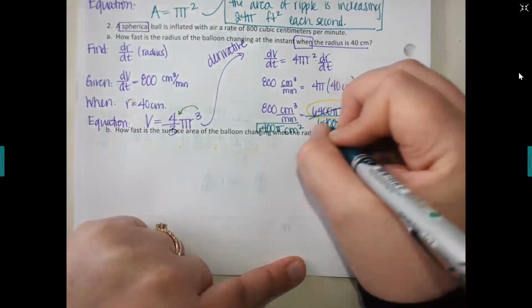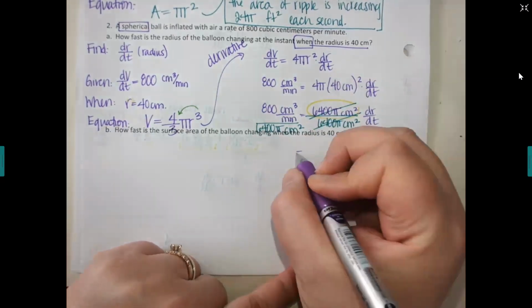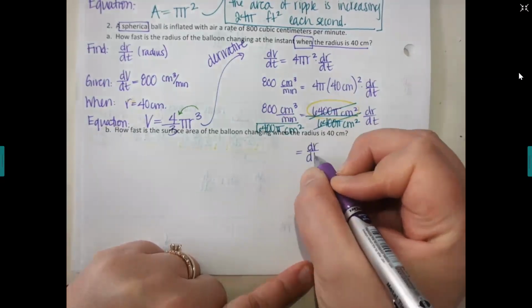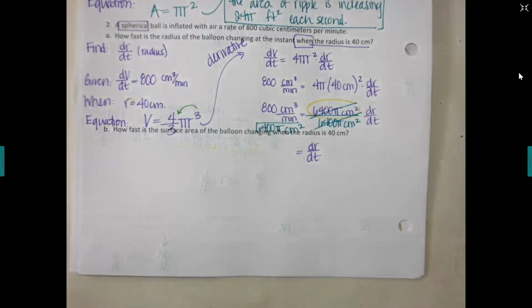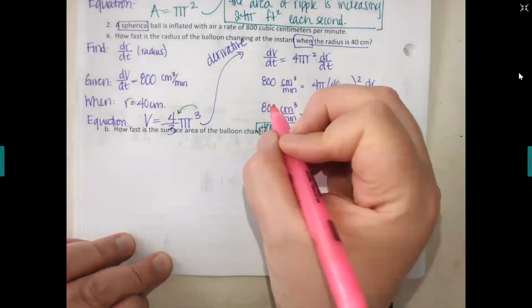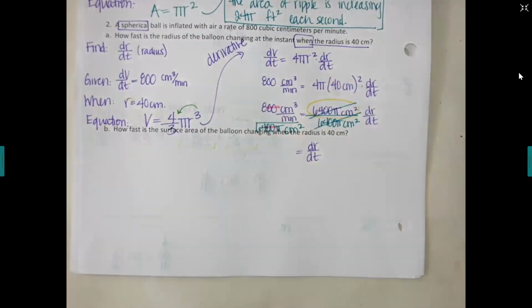So now we have dr/dt equals. And then on this side, little trick, if you have 2 zeros on top and 2 zeros on bottom, you can just ignore all 4 of them. So I'm going to carefully cross out the 800 and the 6,400. That's the same as just 8 over 64. What is that going to reduce to?